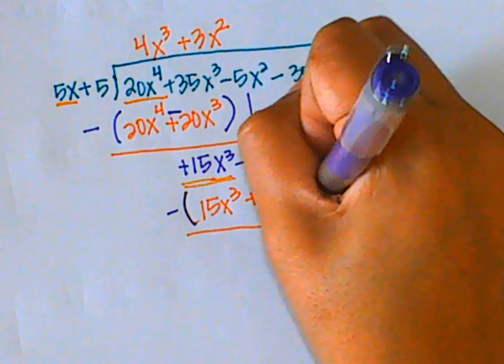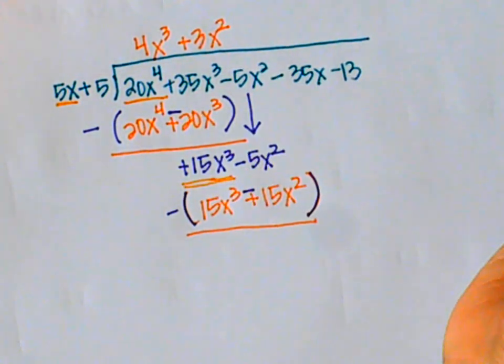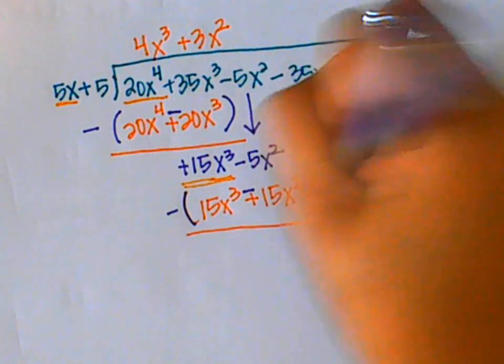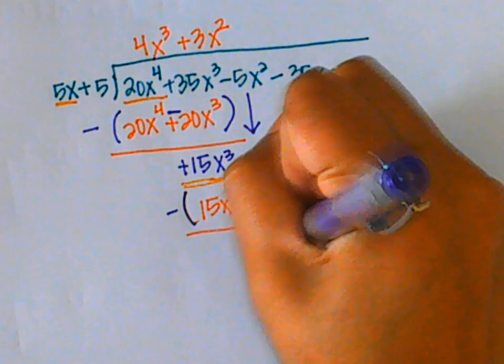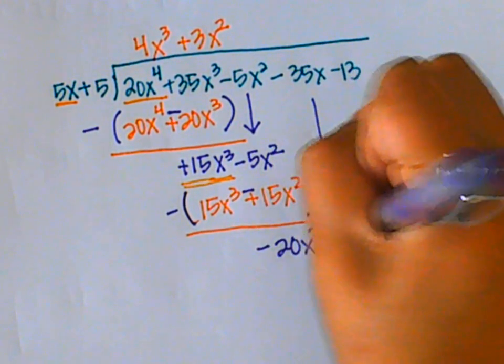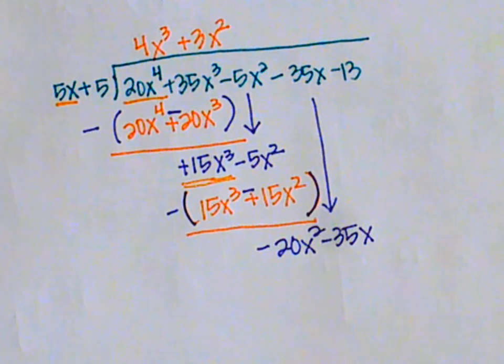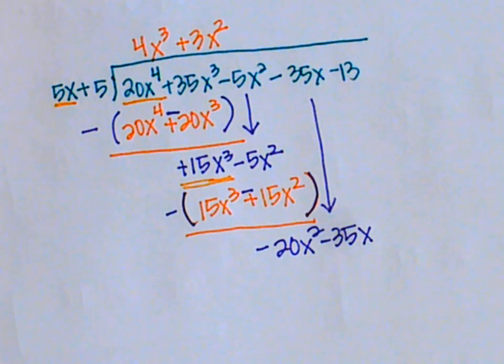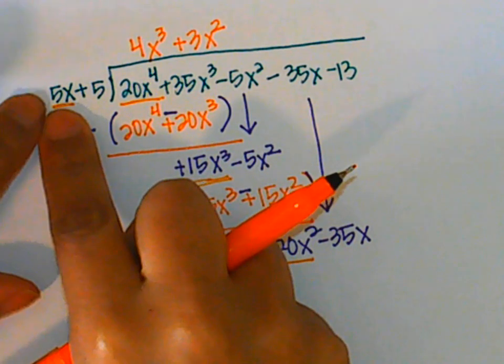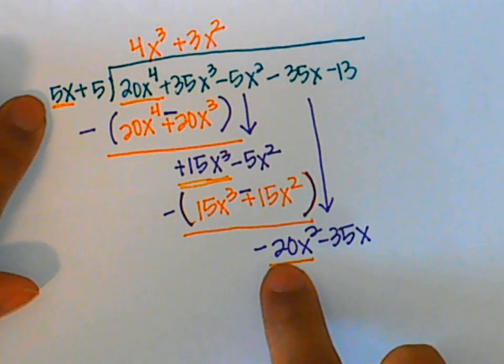So again, I'm going to multiply, which changes this sign here. And I'm going to bring down the 35. So this gives me a negative 20x squared minus 35x. Again, I'm going to focus on the biggest term, which is this one. I need to turn this 5x into a negative 20x squared.